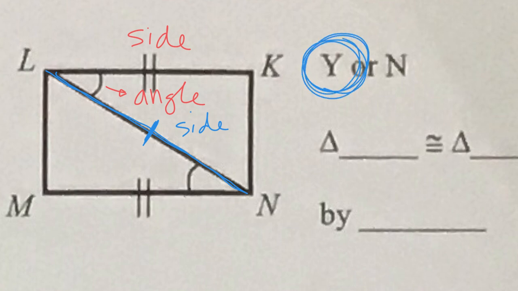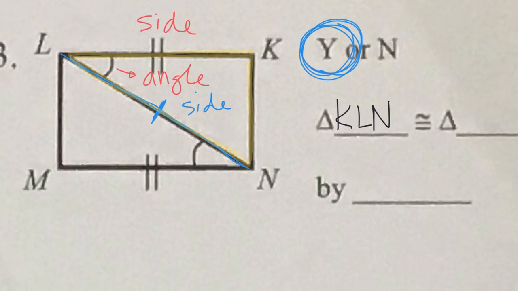So let's see, yes or no? Yes. Let's start with the top triangle. Let's go with KLN. KLN is how we're going to write our first triangle statement. Remember, this is called a congruence statement, that these triangles are congruent. So angle K goes with what angle? Angle M. And then if I went from K to L, what is my next letter from M?